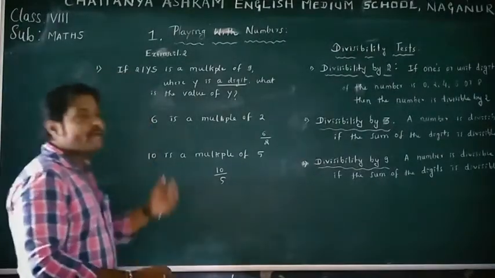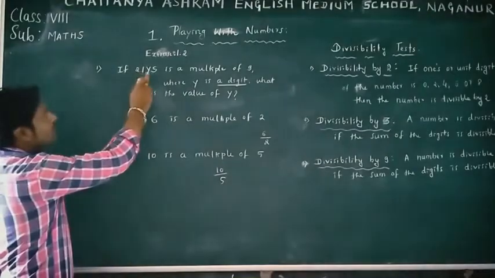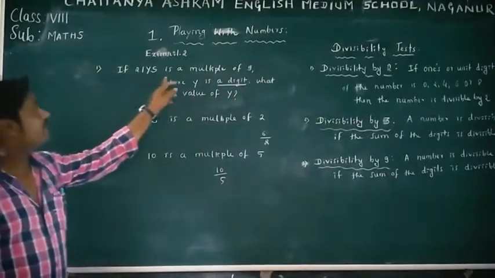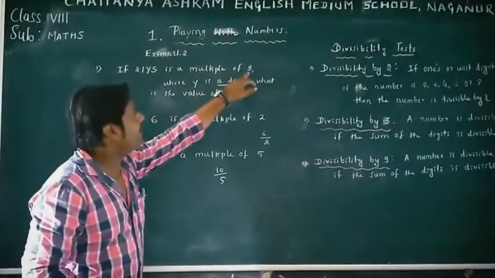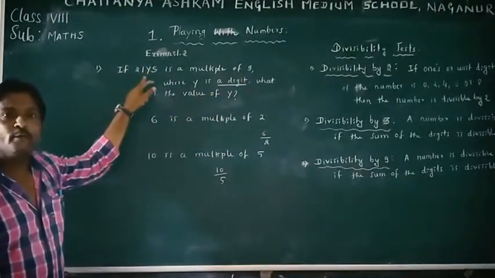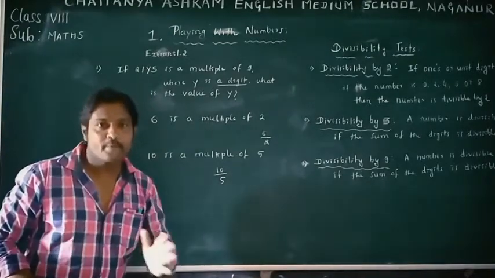In the same way, the given 4-digit number is a multiple of 9, which means 9 divides 21y5 completely. Understood?